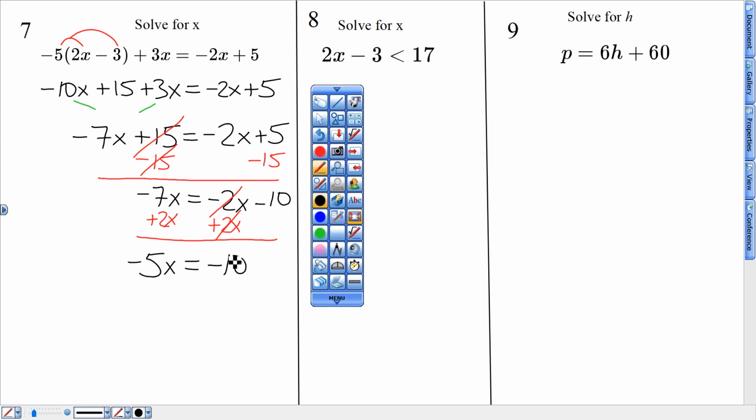And then the last little negative situation, I'm dividing by -5. And then again, one last negative situation. That one gives me +x equals +2. So again, positive whole number.